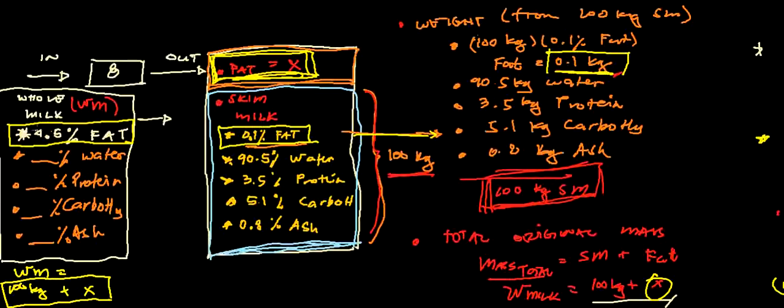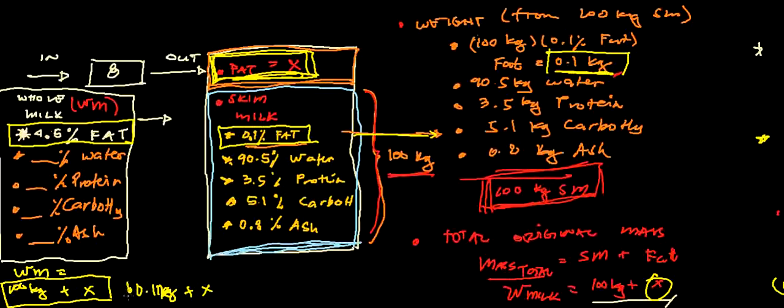Then we used this percentage to compute the value of x, using the component of fat only, that our original fat is this one plus this one. So the original fat is 0.1 kilogram plus our fat that is being removed.